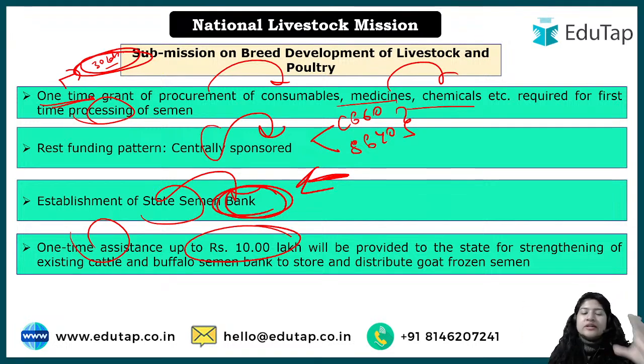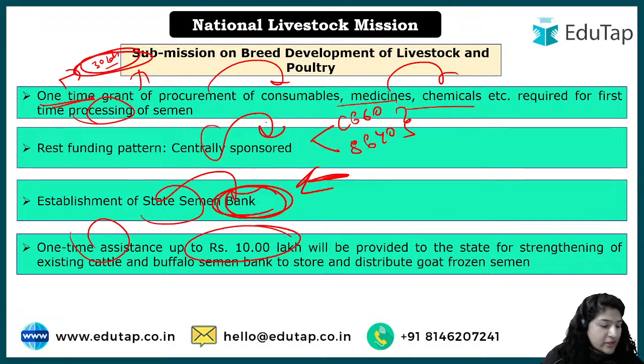In the first case, for the construction of such regional centers, a one time grant of 400 lakh has been written in the guideline. However, I'll cross check from other sources to see if it is 40 lakh or 400 lakh, ठीक है. But in the guideline it's been written 400 lakh one time for the construction, and there is some amount which I will clarify later, that is for the procurement, ठीक है.